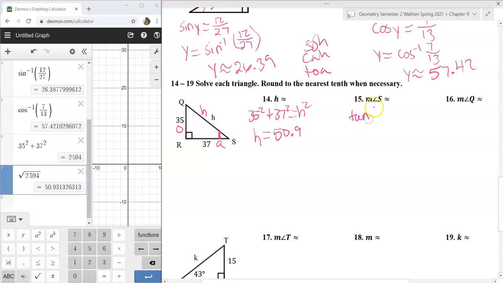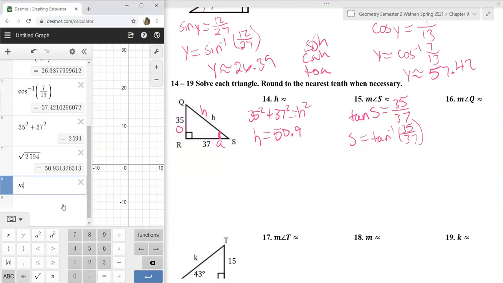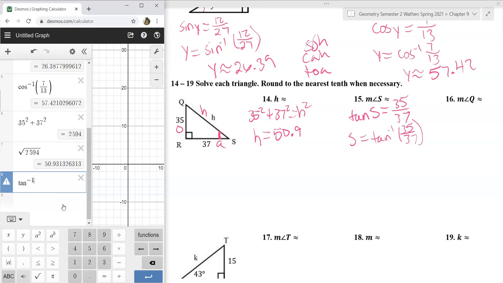So the tangent of S is equal to our opposite over adjacent, so that would be 35 over 37. We'll go ahead and take the inverse tangent of both sides to find that S is equal to the inverse tangent of 35 over 37. Now, potentially that could be your final answer, but this one does ask us to round to the nearest tenth, so we'll go ahead and put that in on Desmos.